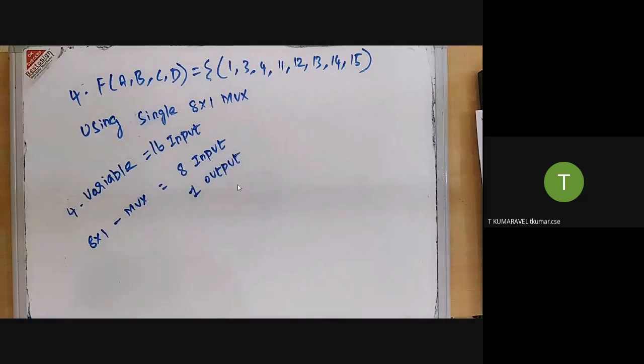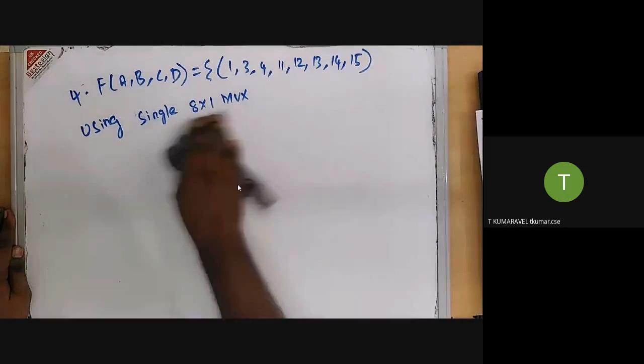In order to implement that, first you should write the truth table for the four variable function.